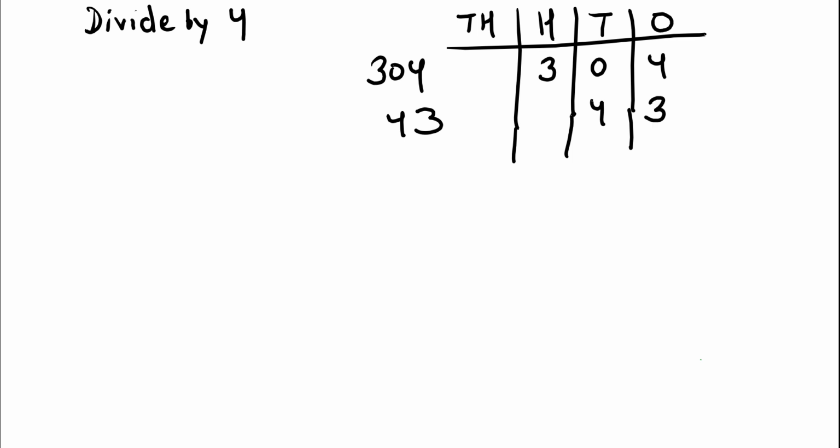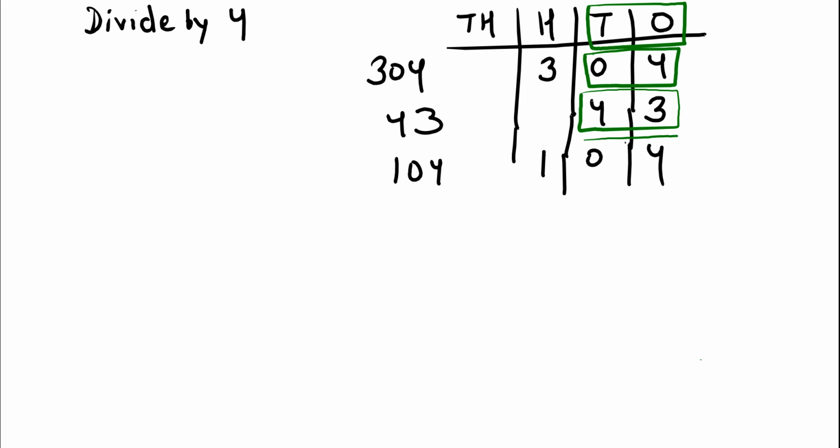So suppose I am putting 304. You would put it like this, 304. If I am putting 43, you will be putting it like 4 and 3. If I say 104, let's say, then you will be putting it as 1, 0 and 4.